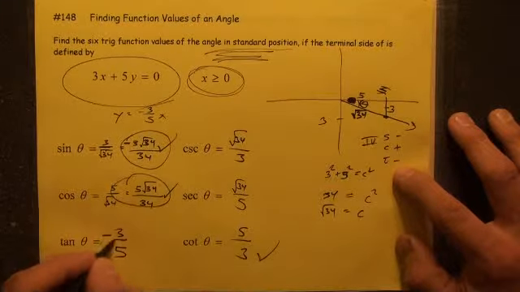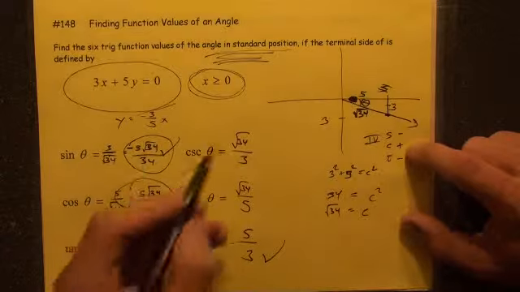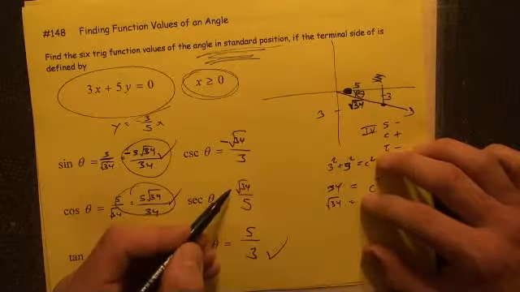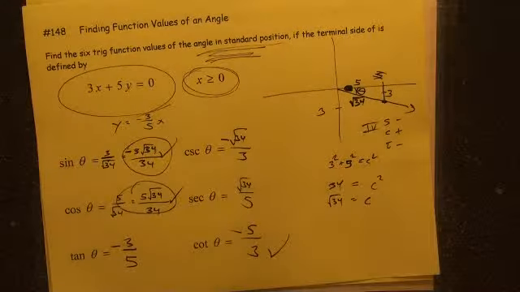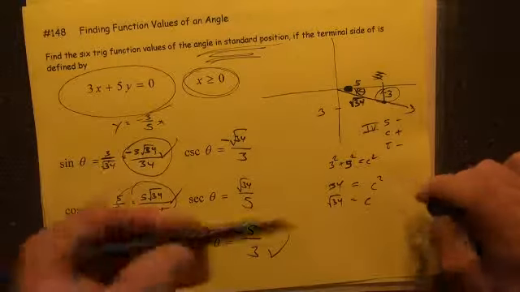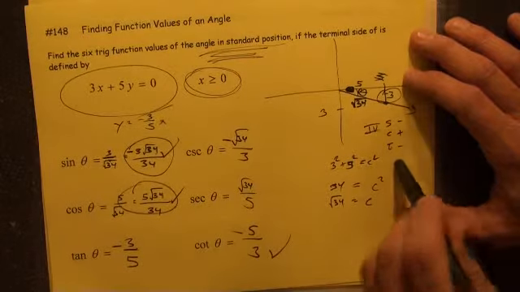Tangent's negative. Now the inverse is going to be negative too. This is a positive; if it flips over, it's still positive. This is negative; if it flips over, it's negative. Either way you want to slice it, you can put the negative 3 in to start, or you can double check afterwards your sine, cosine, and tangent in that particular quadrant.